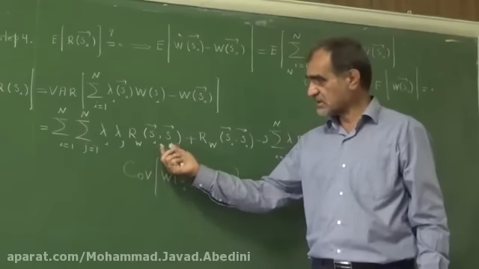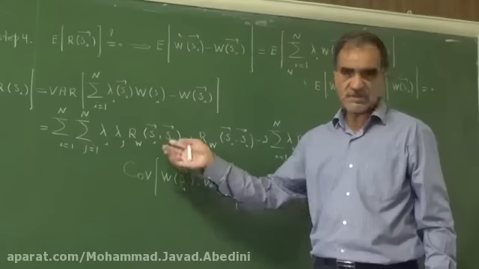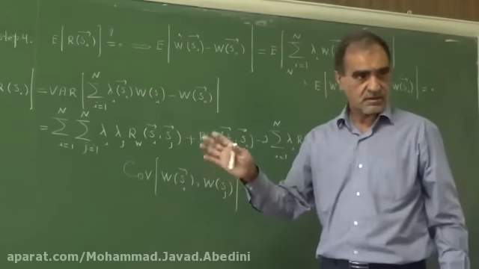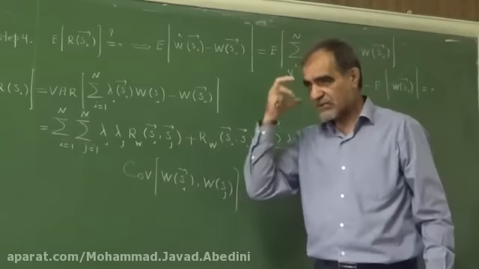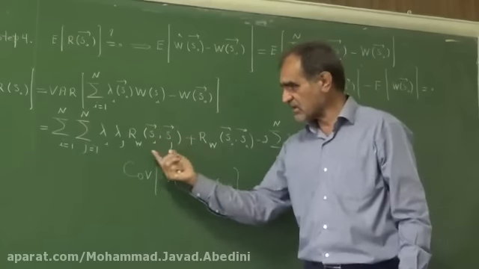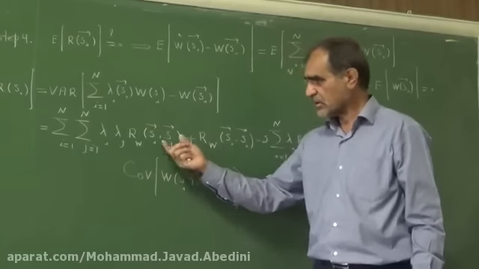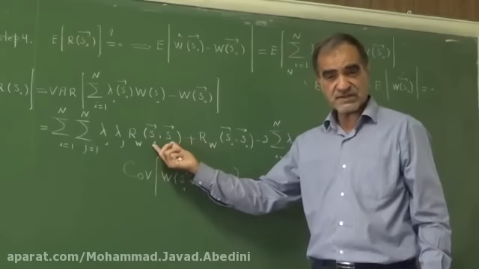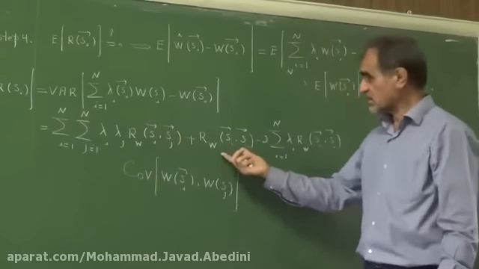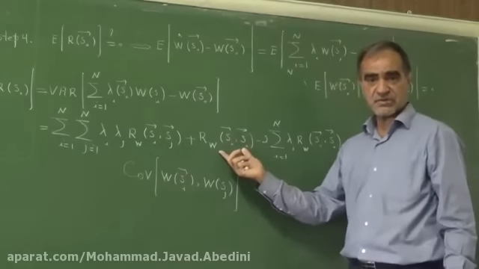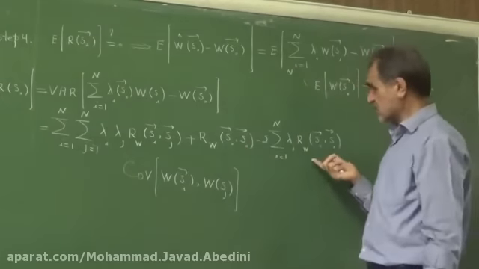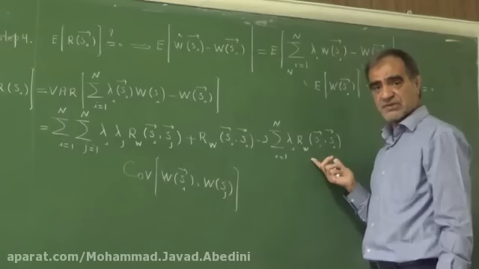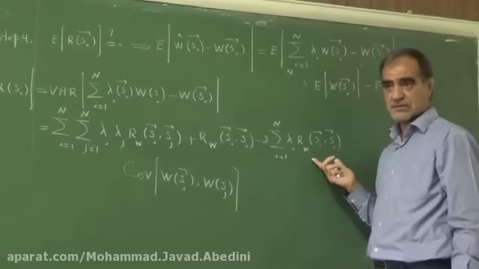Here I wrote it as absolute location, which is a dead end. But I will assume that this R sub W to be a function of separation vector or separation distance. This R is a function of separation vector or separation distance.